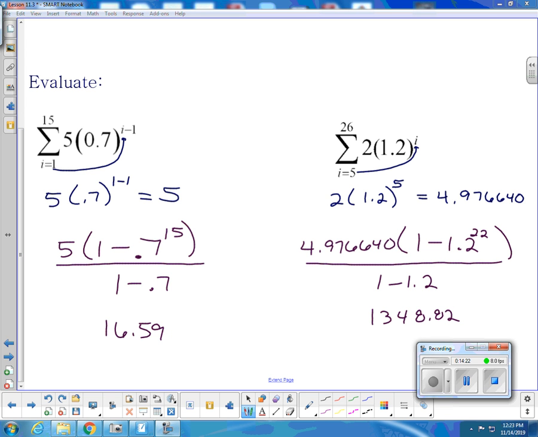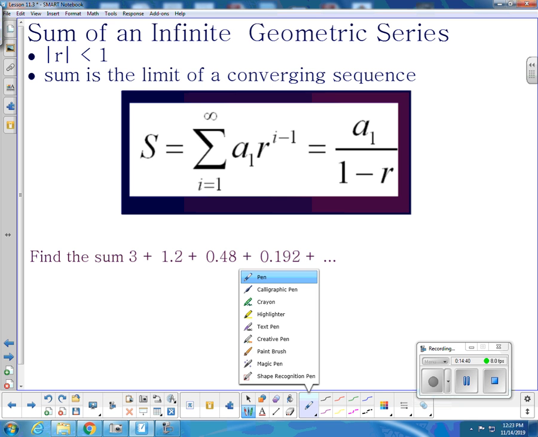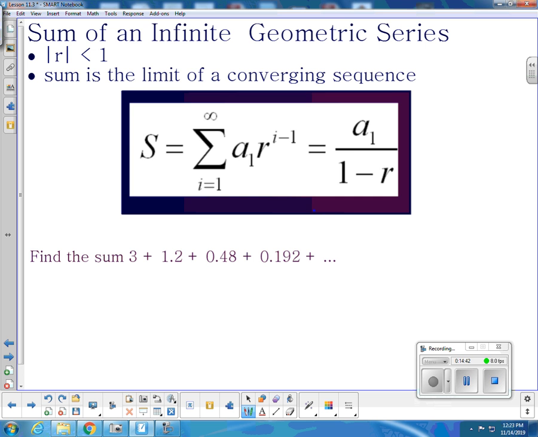These are finite sequences. I want from this term to this term. This is for infinite series. I'm going to add this term all the way up till forever. And it's weird because you're like, how can you keep adding numbers and it's going to be an answer? Because we're good that way.